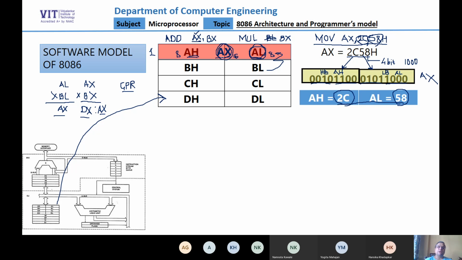In multiplication, AL or AX can be the default, but in division only AX will be used as a default operand, and it is always used as a numerator.